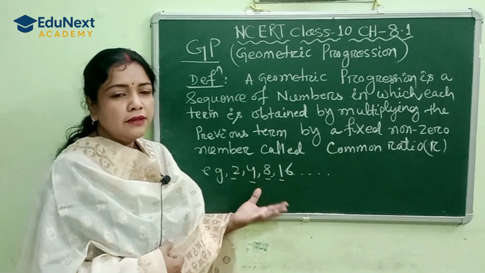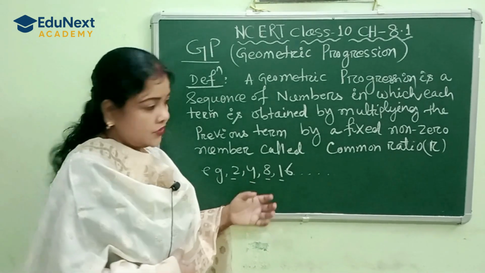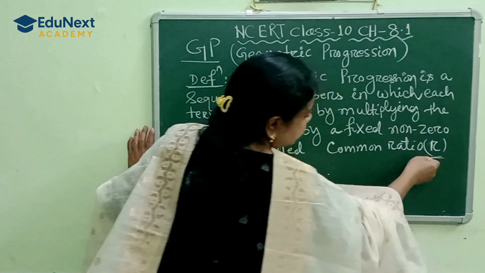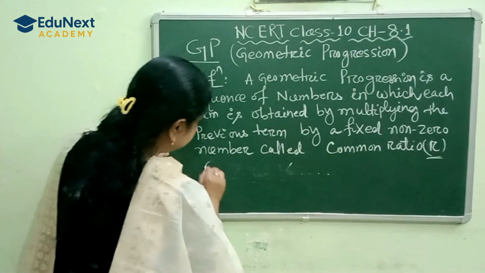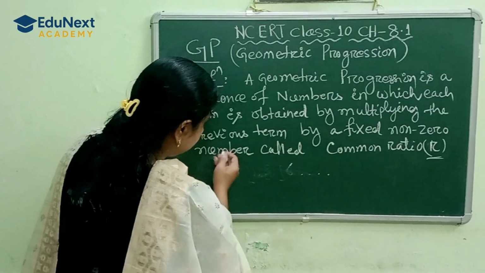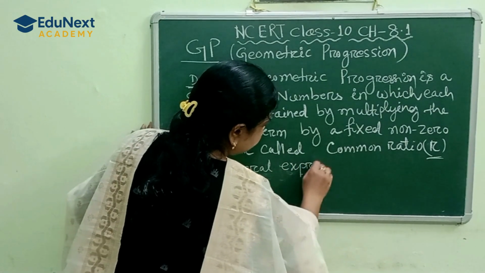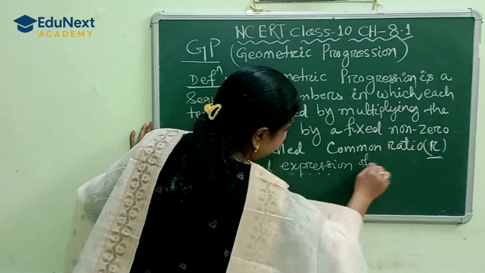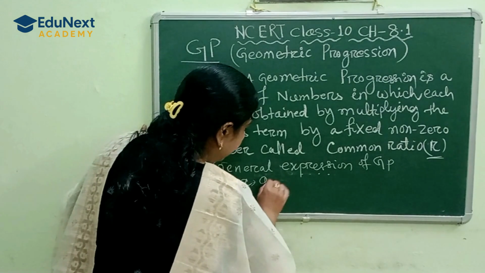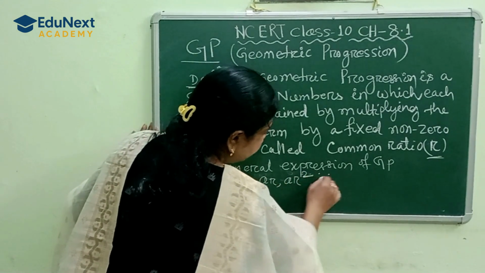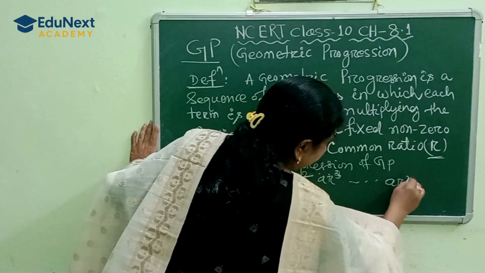So here I am finding a common constant number, and that number is known as the common ratio, denoted by r. If I write the general term of a GP, that is a, ar, ar square, ar cube, ar to the power n.